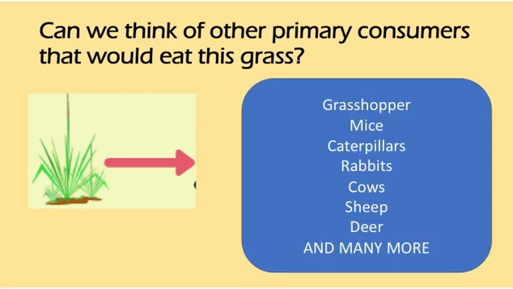Okay, so this is the list of primary consumers that I thought of that would eat grass. So we've got a grasshopper, mice, caterpillars, rabbits, cows, sheep, deer, and there's probably loads more. So you might have thought of completely different ones to me, but these are the ones I thought of that are herbivores and they eat grass.